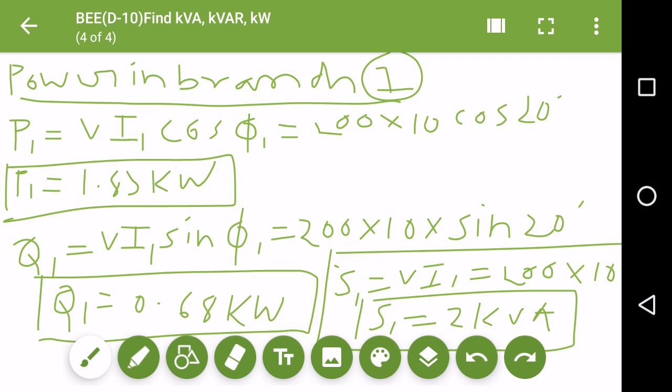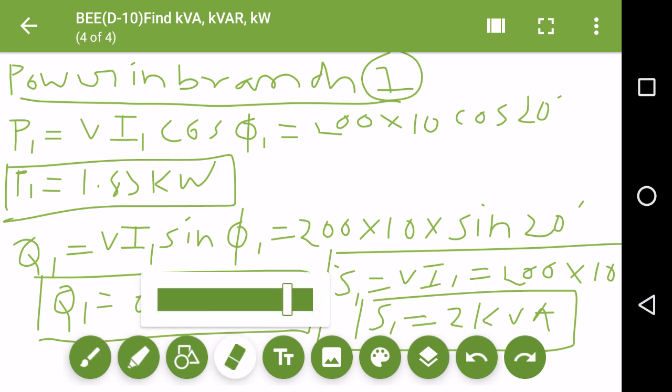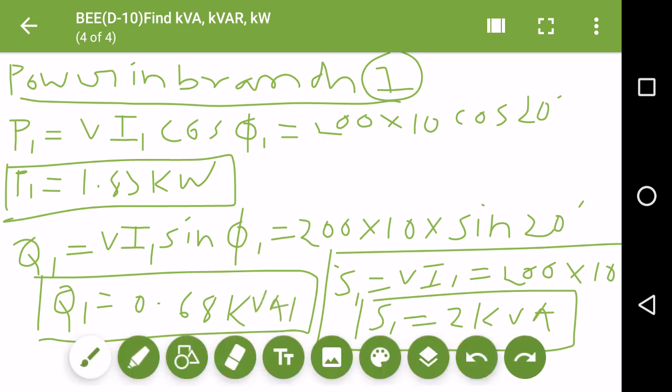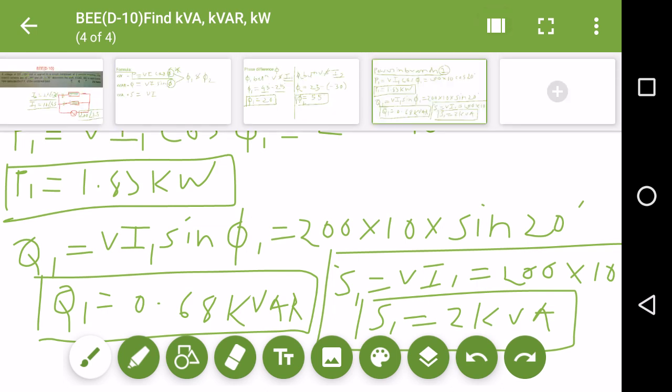I found the 3 types of power which I was asked to find, but I made a mistake over here. Reactive power is not kW, it gives us kVAR. So it is kW, kVAR and kVA. All 3 types of power I found in branch 1.